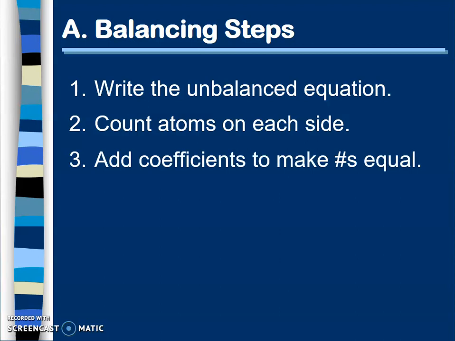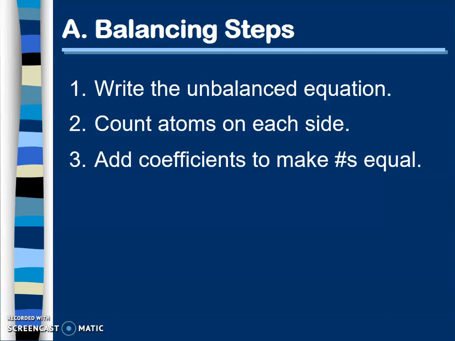Okay, remember the coefficients are the big number that comes in front of the chemical formula. You cannot change the subscripts. Okay, let me repeat that. You cannot change the subscripts because remember the subscripts give you the identity of the substance. If you change the subscript, you are changing the chemical.